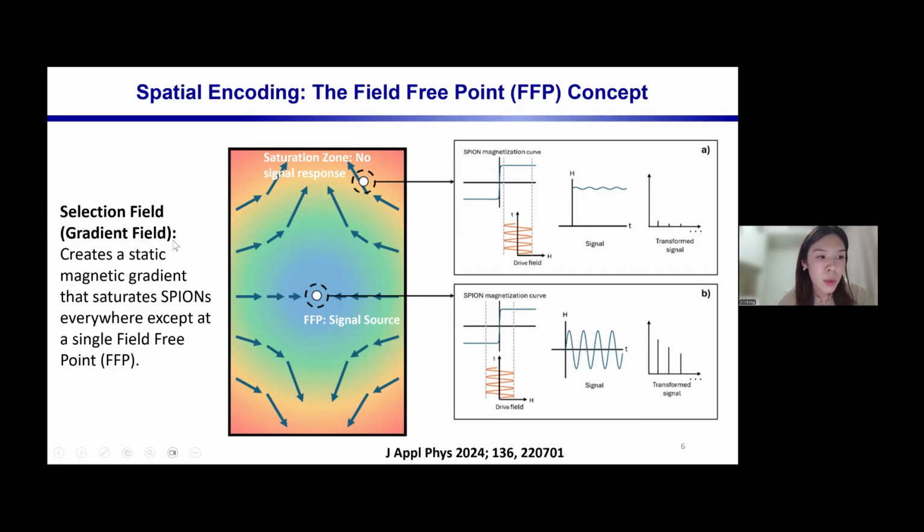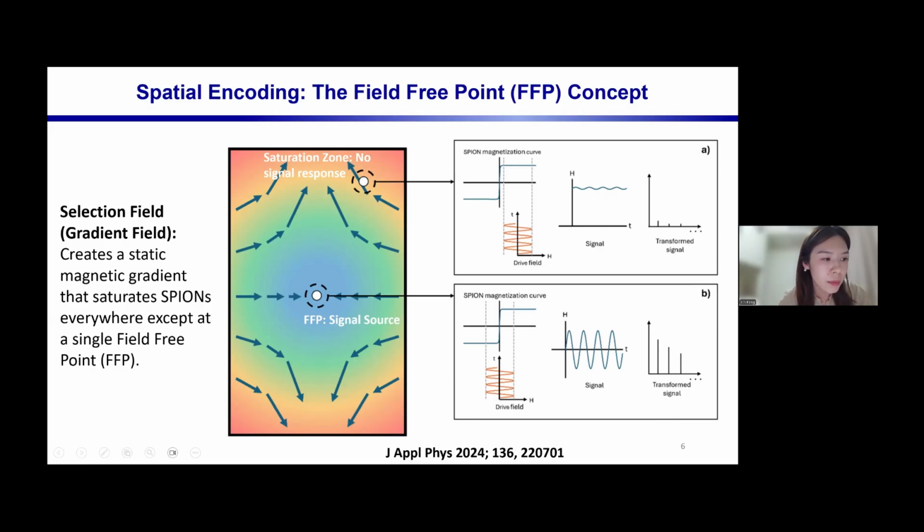We usually use magnets to create an inhomogeneous magnetic field that produces a very specific sweet spot called the field-free region, or FFR. Depending on the hardware design, this FFR can be a single point, which we call FFP, or a line, which we call FFL.